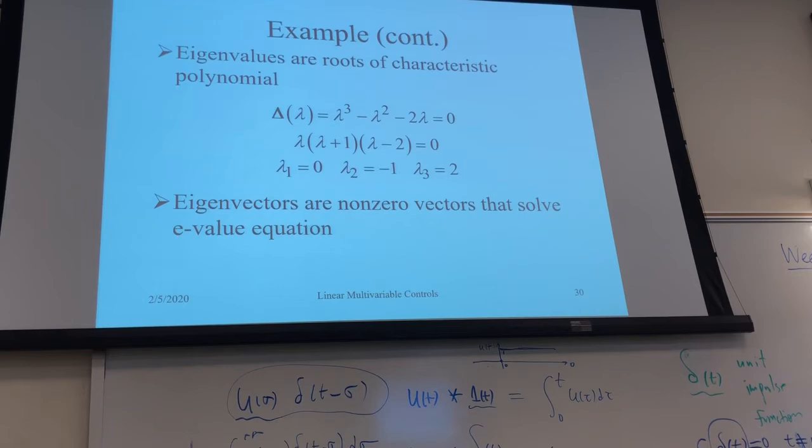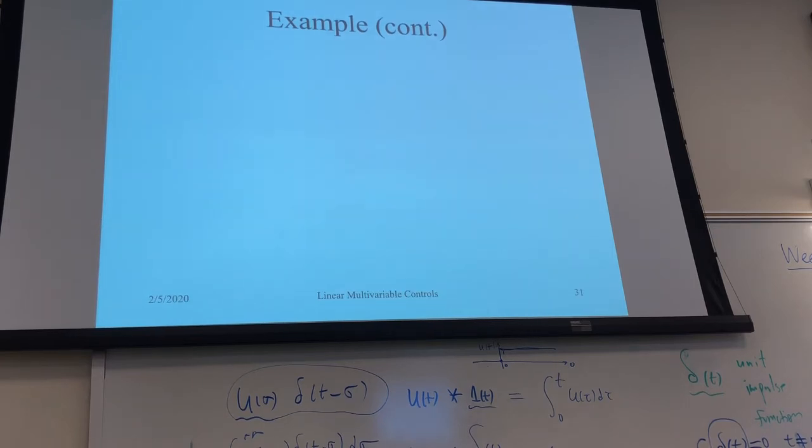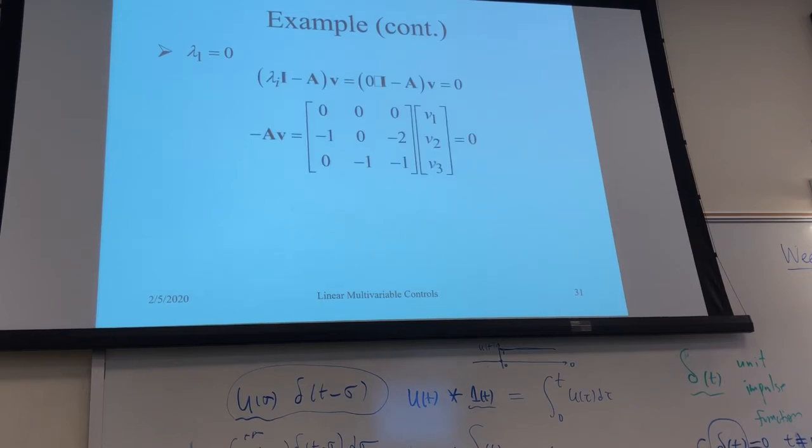So I will try to find the V that makes the A matrix diagonalized. The first is lambda equals 0, then the second is minus 1, and the third is 2. Putting this in, you have 0 times I, and V is V1, V2, V3.